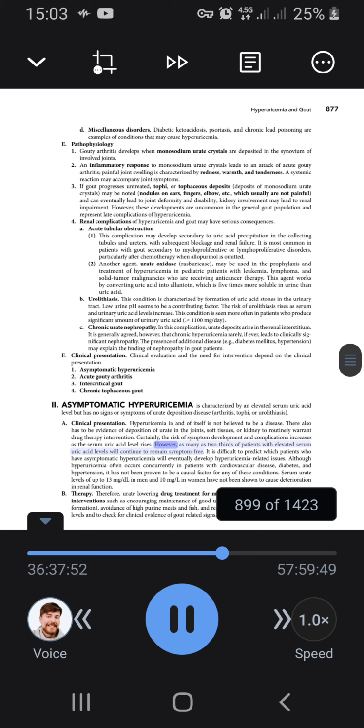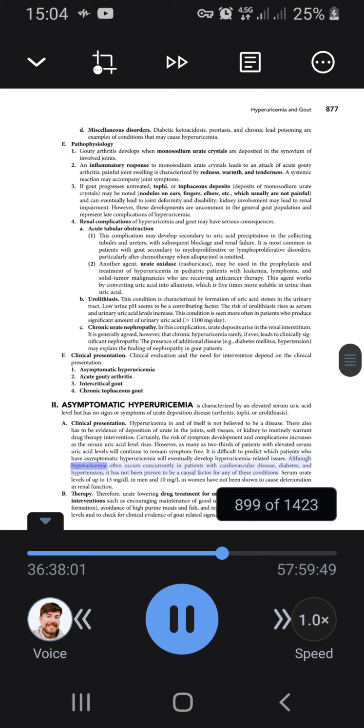However, as many as 2/3 of patients with elevated serum uric acid levels will continue to remain symptom-free. It is difficult to predict which patients who have asymptomatic hyperuricemia will eventually develop hyperuricemia-related issues.